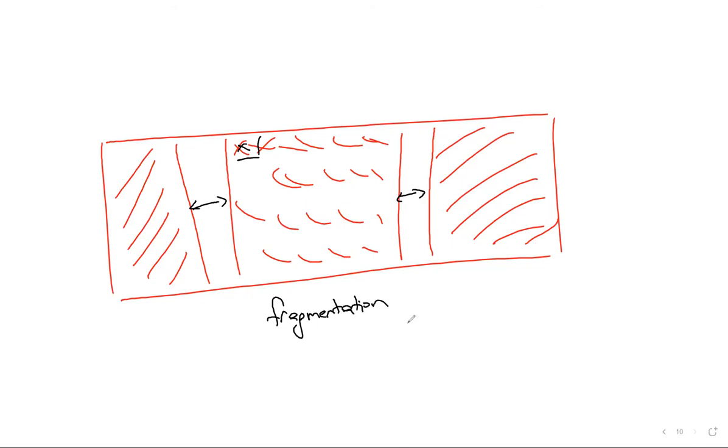Meaning that even if you try to allocate new memory and you need, let's say, this amount of memory, you can't do it, even though, as far as empty memory is concerned, you have enough space. If you were just able to put these two together, then you would have enough memory to allocate. But unfortunately, right now you don't.